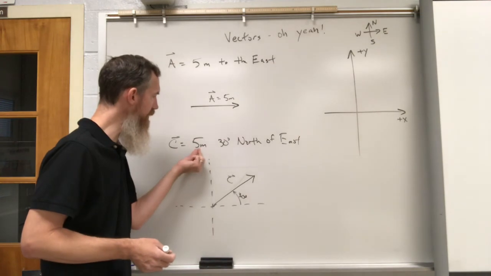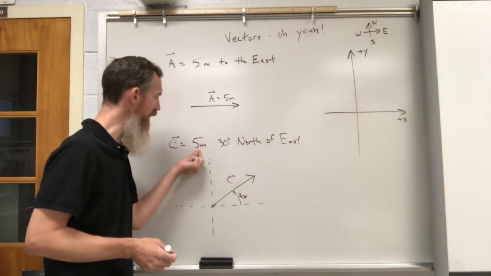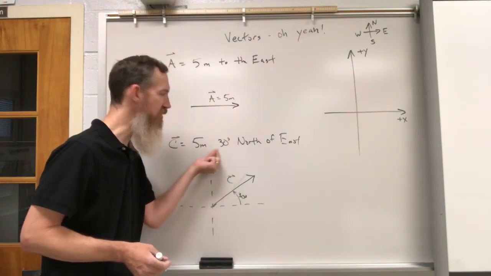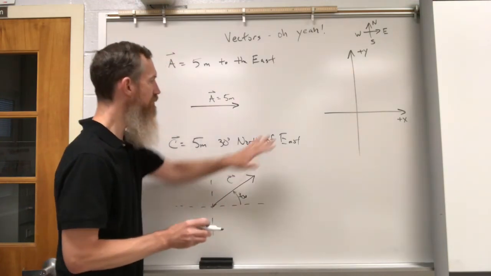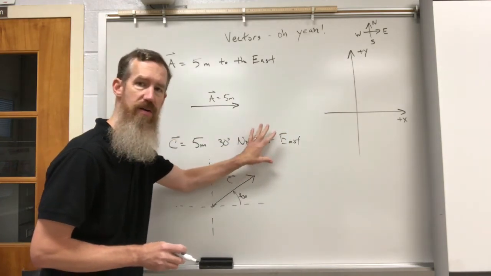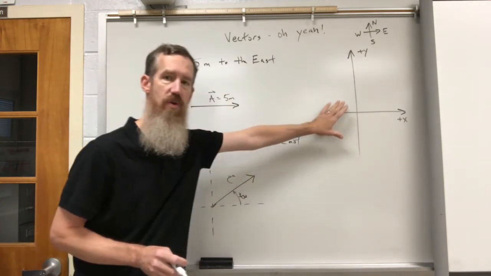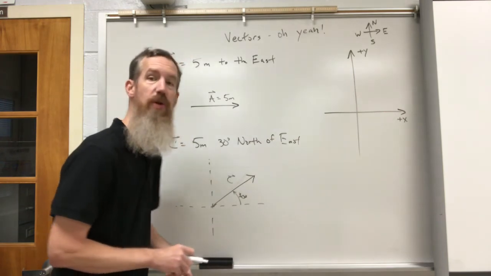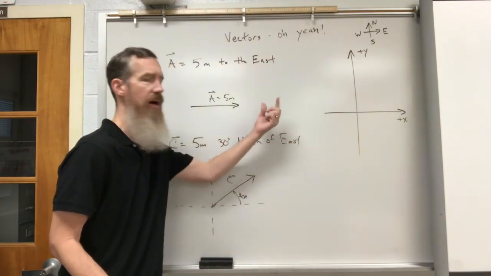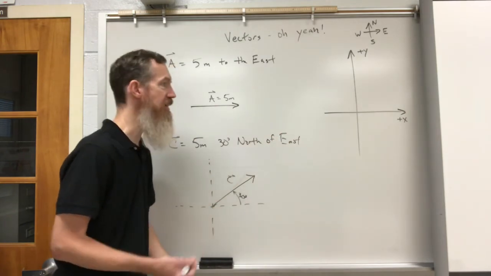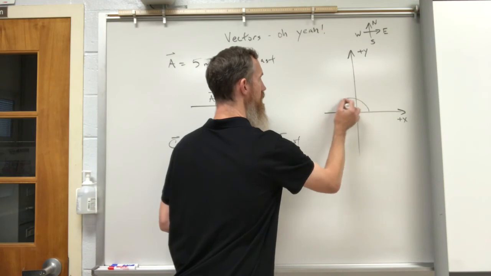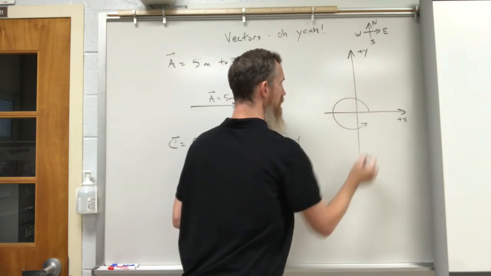This could also be represented as 5 meters at 30 degrees, and if it just says 5 meters at 30 degrees without any north, south, east, or west, without cardinal directions, it's just a Cartesian coordinate plane. So you would just do 30 degrees as you would in math class, because in math class you always start at 0 degrees at the x, and you would always read your degrees around in this way.